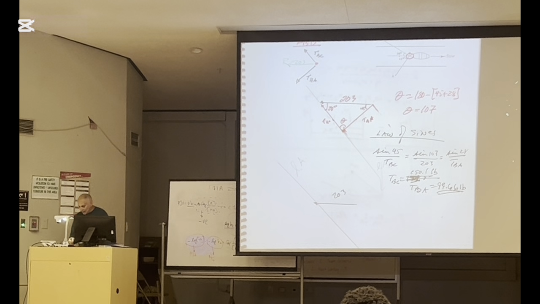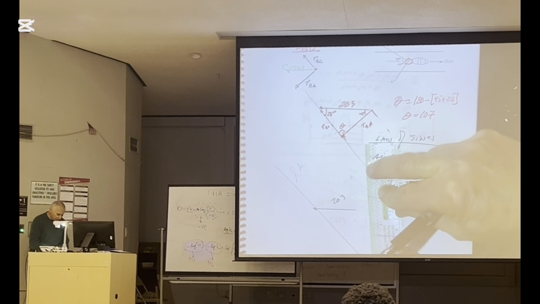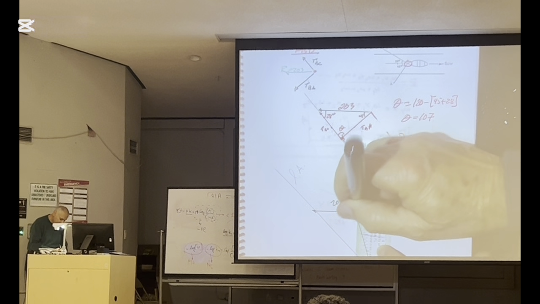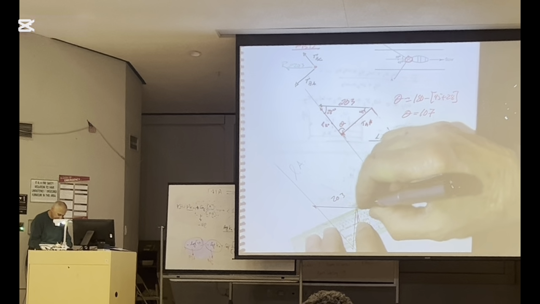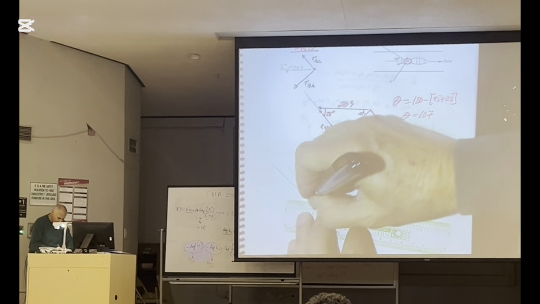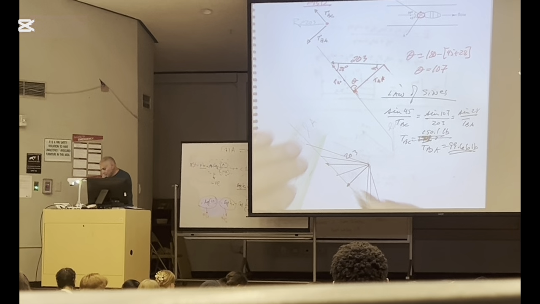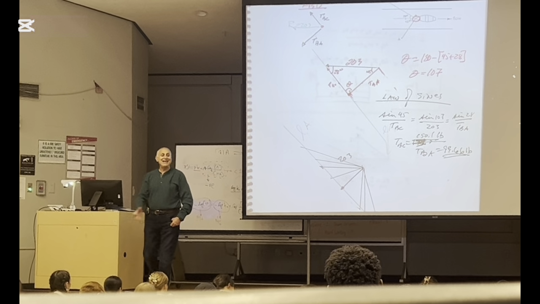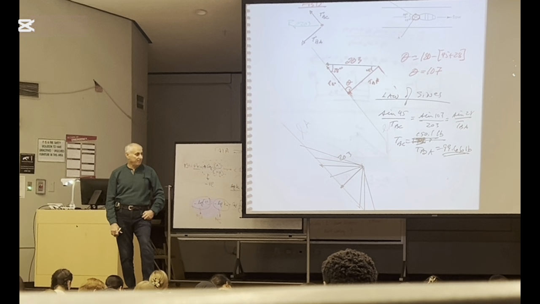Now, I got to take this BA and connect it. Well, there's lots of ways to connect it. Watch. Any of those vectors can connect head to tail between BA and BC.